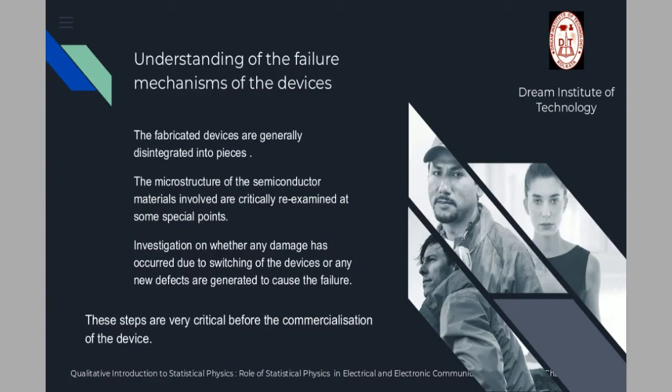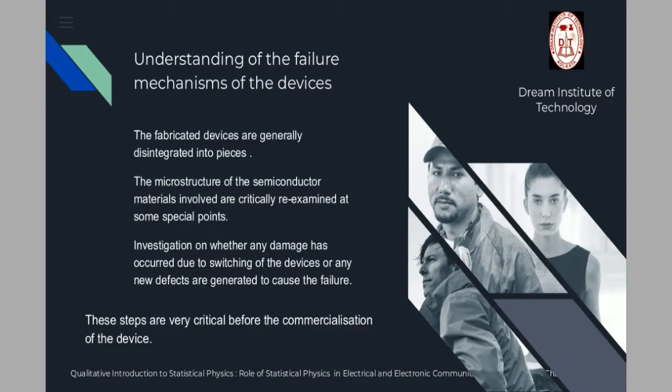For example, aluminium gallium nitride or gallium nitride based heterostructure field effect transistors are most promising devices for RF and power electronic device applications. The devices based on these materials are usually developed on large area silicon wafers. The development of these materials on silicon wafers results in high defect density in these materials.